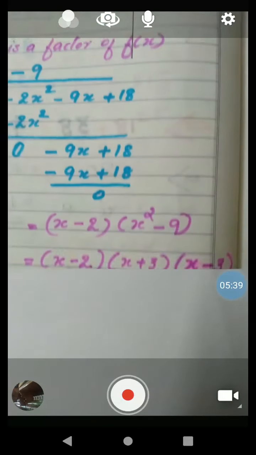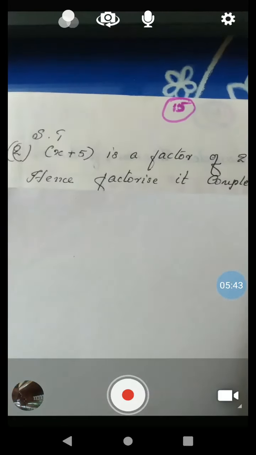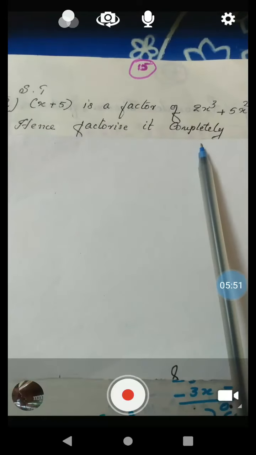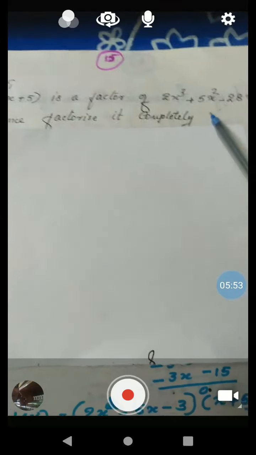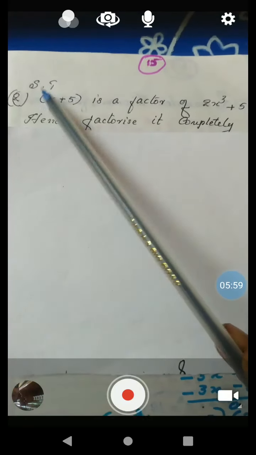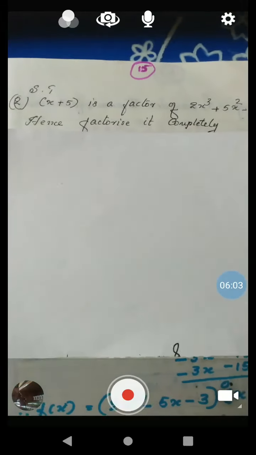Okay. Now next one. Next question is show that x plus 5 is a factor of this expression. Hence factorize this expression completely. That is the question. Here also show that x plus 5 is a factor. How can we show?